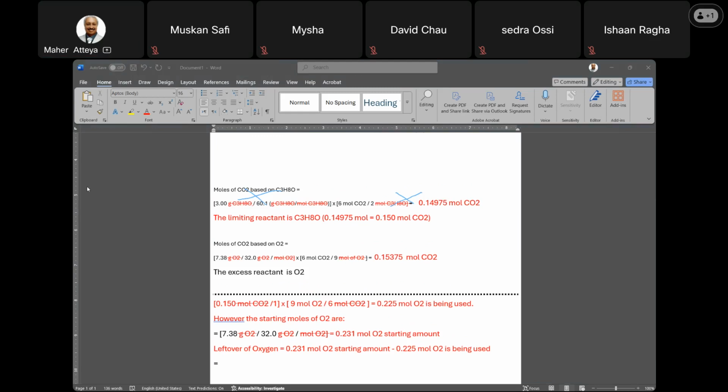We need 0.231 minus 0.225, correct? What is left over is 0.006.